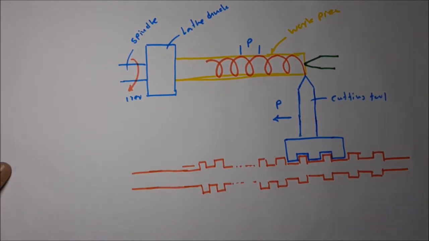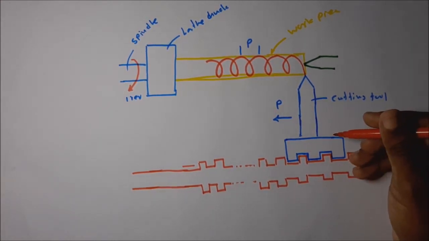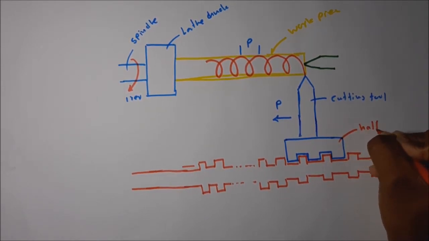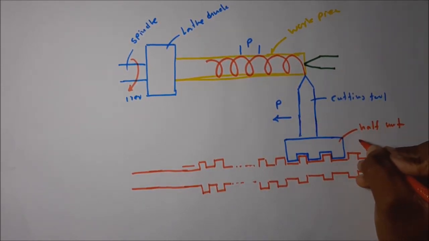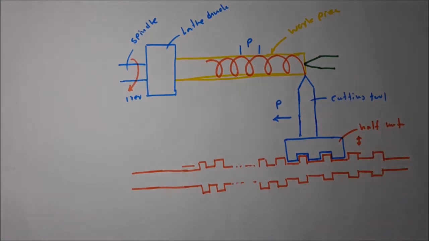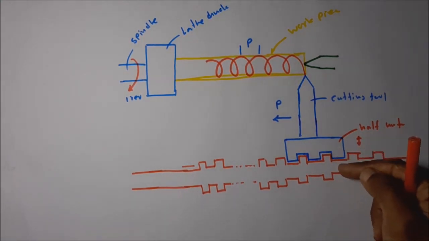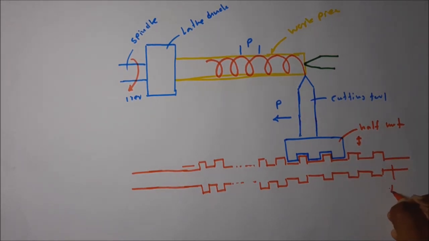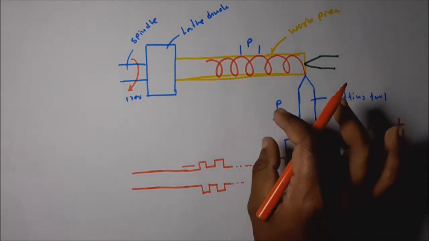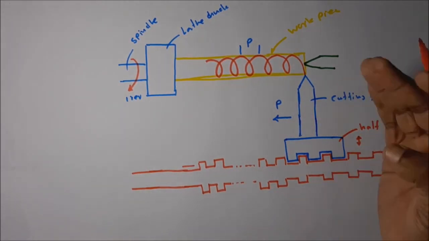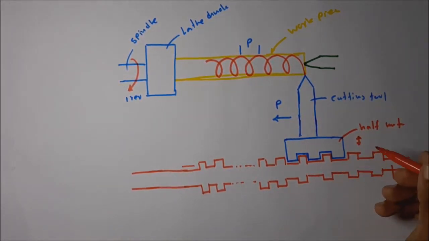Then this half nut, this is called the half nut. This half nut can engage and disengage. When we want to cut the thread, we can engage it with the lead screw. Then in other situations we can disengage. There is a lever to engage and disengage this.